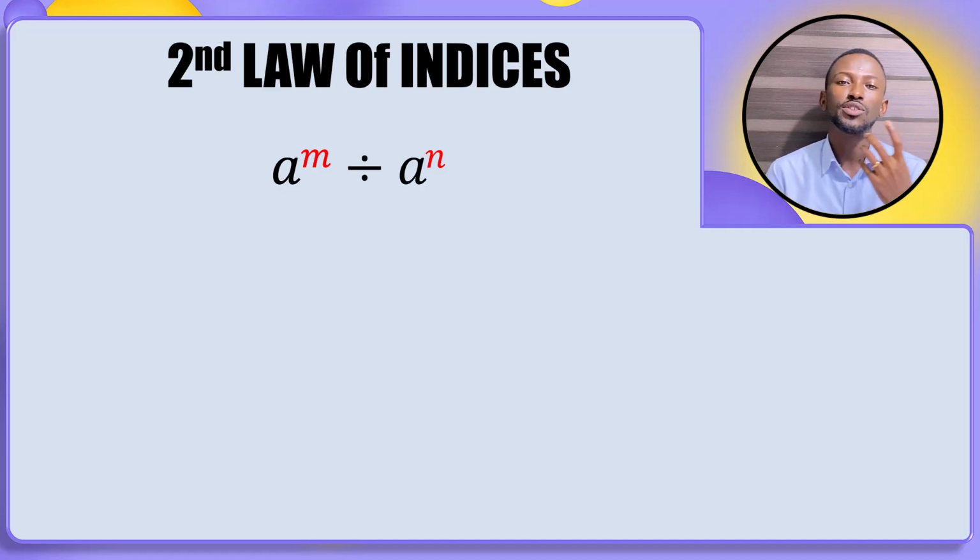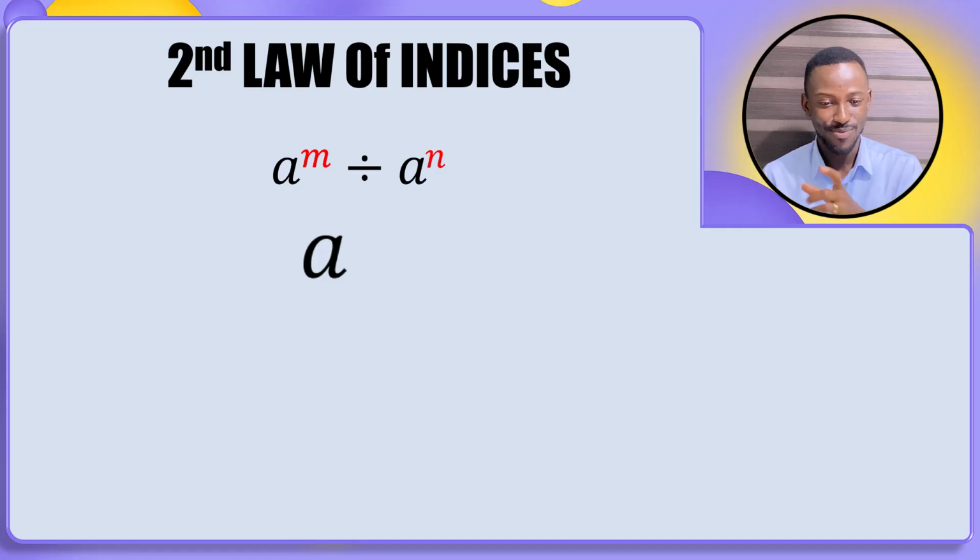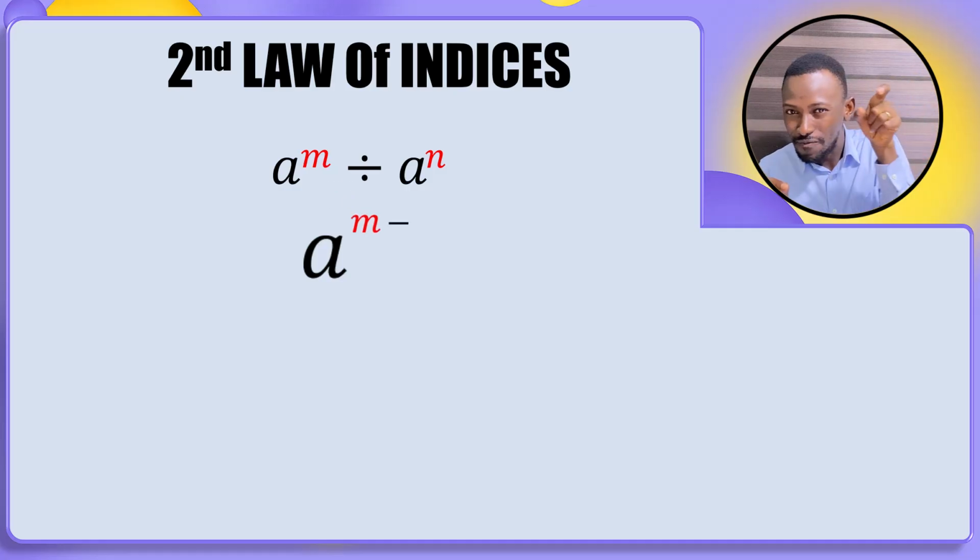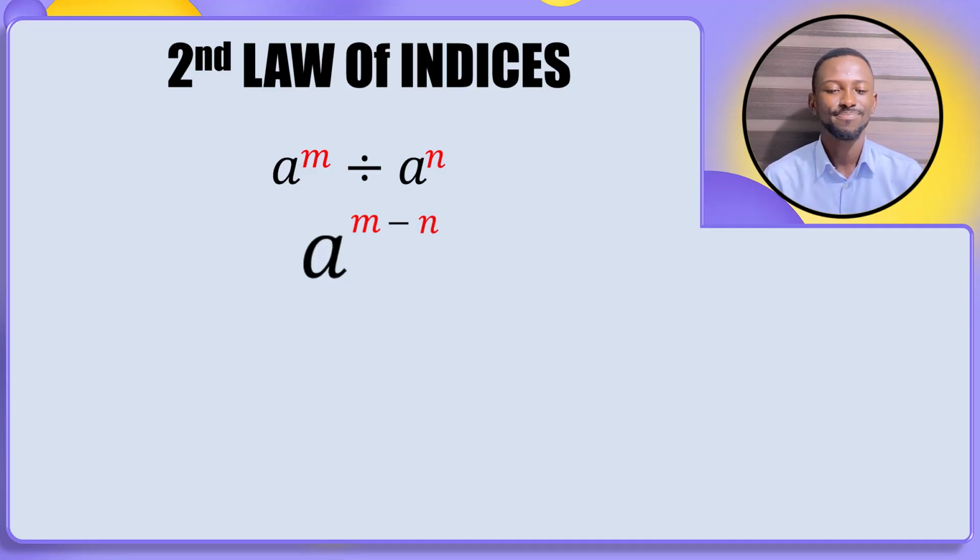So what you're going to do is pick the base, which is a, and then bring the exponents together: the first exponent, m, minus the second exponent, n. I hope that's clear, right? The first exponent minus the second exponent. So basically, that is how the division law of indices works.